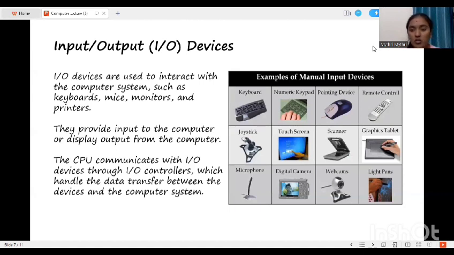As shown in the figure, examples of manual input devices: keyboard, numeric keypad, pointing device, remote control, joystick, touchscreen, scanner, graphic tablet, microphone, digital camera, web camera, light pen.